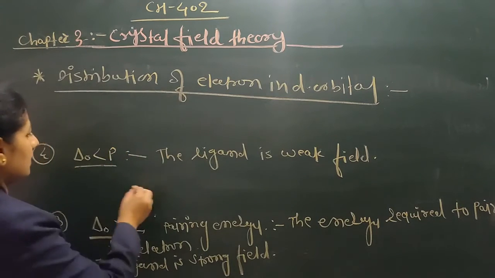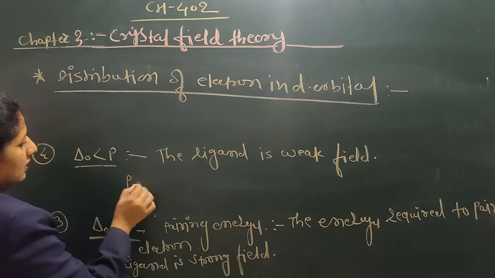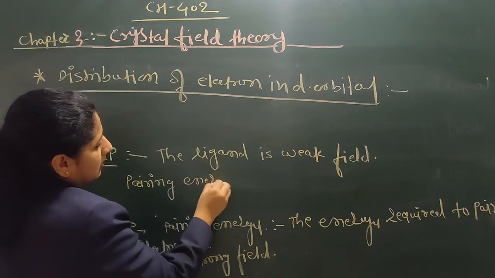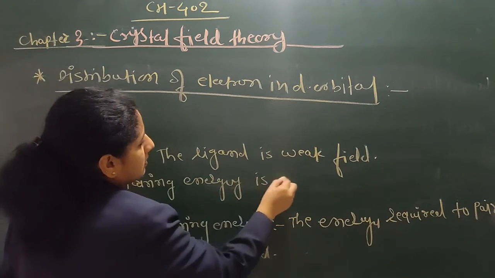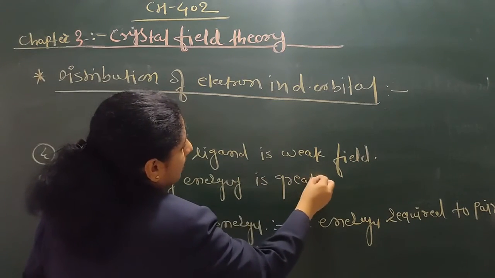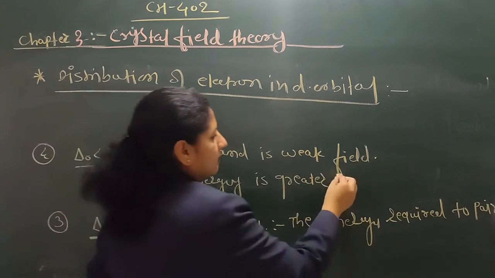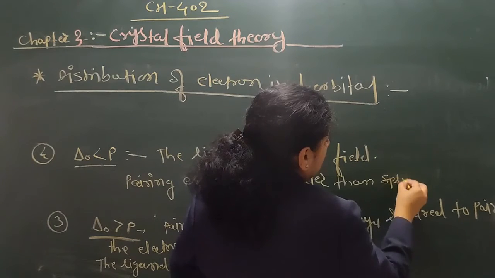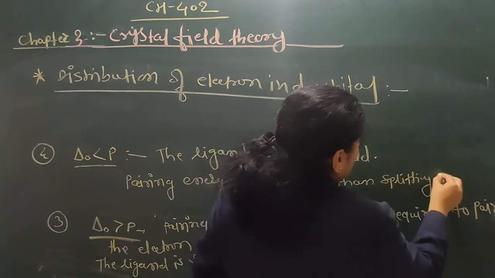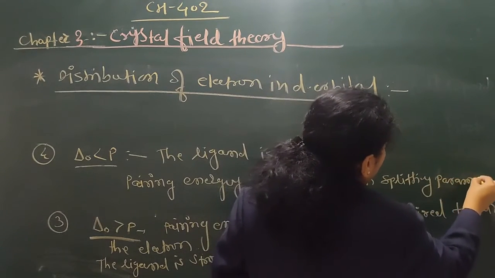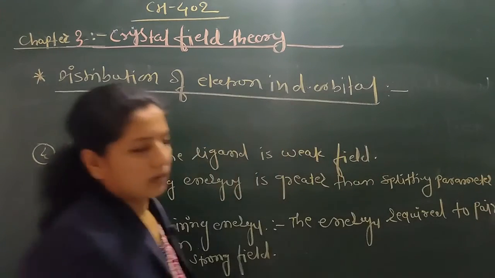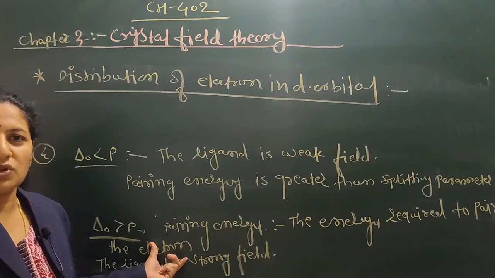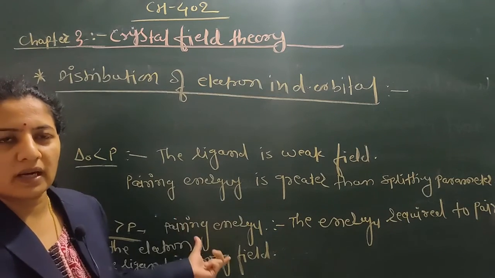So here the pairing energy is greater, then the splitting factor. So these are the general rules which are followed for the distribution of electrons in d orbital.